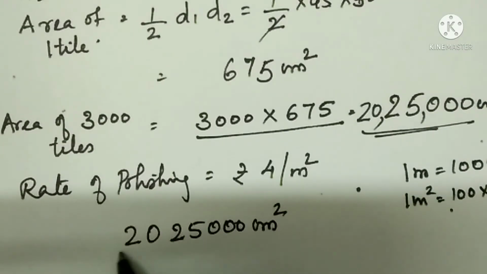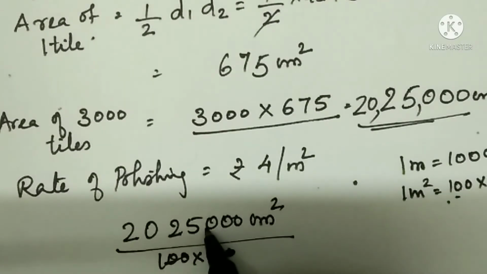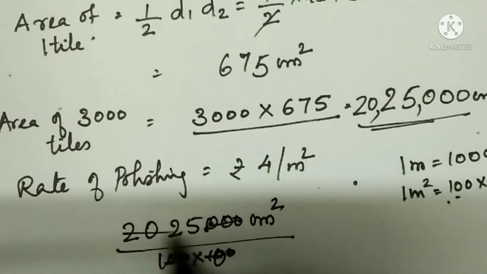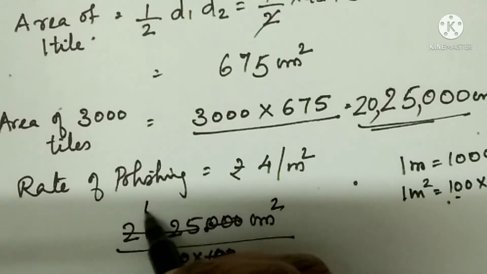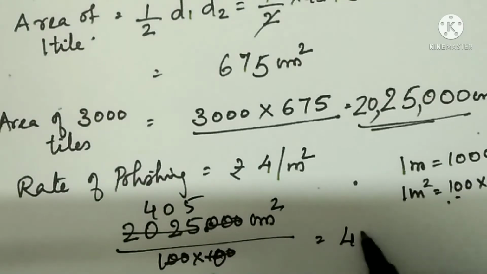So if you divide this by 100 into 100, that will be the meter square. So here 1 zero will remain, 3 zeros got cancelled. So 2 5s are 10. Here when you divide by 5, 405. So 405 upon 2 meter square is the area.